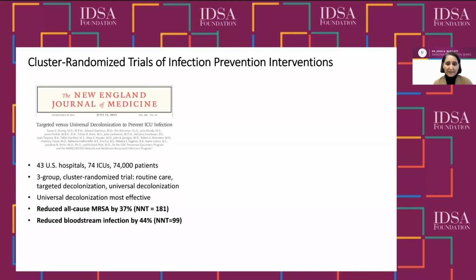And universal decolonization was found to be most effective, with a reduced all-cause MRSA clinical culture rate of 37%, number needed to treat of 181 patients, and a reduced bloodstream infection rate of 44%. So again, direct effect in reducing MRSA colonization, indirect effects in reducing infection, reduced antibiotic exposure, and indirect effects in reducing cross-transmission of these resistant pathogens.